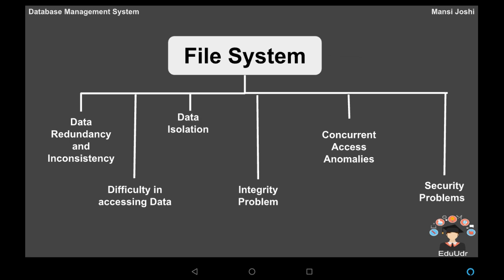The second drawback of file system is difficulty in accessing data. Suppose, for example, a manager of a bank needs to find out name of the customers who have more than 2 lakh balance in their account. If the data of the bank is stored in the file system, manager has two choices to fetch this data.